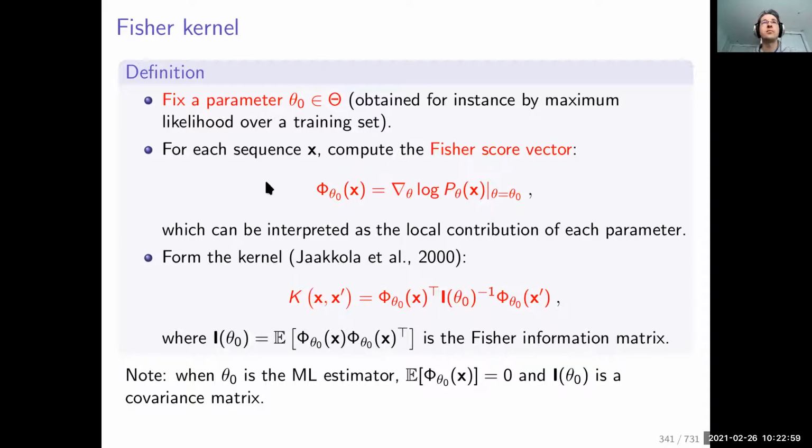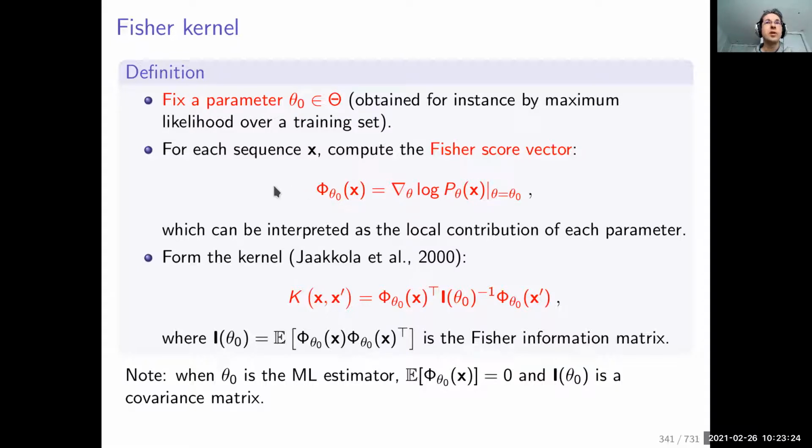It says here a sequence x, but let us forget it; this slide was probably used in the context of sequence data, but let us consider simply a data point x. What is this Fisher vector? phi of x is simply the gradient of the log likelihood with respect to theta.